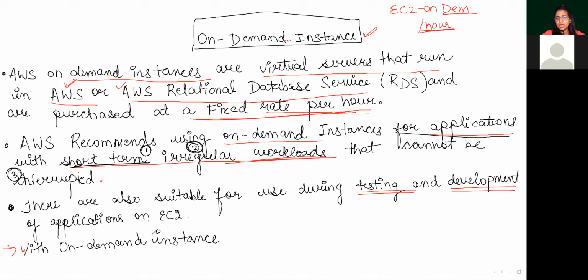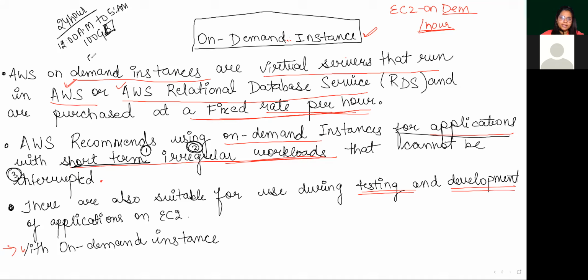Irregular workload means, say you have 24 hours in a day and you are using this instance for 24 hours. From 12 a.m. to 5 a.m. you have transferred 100 GB of data.